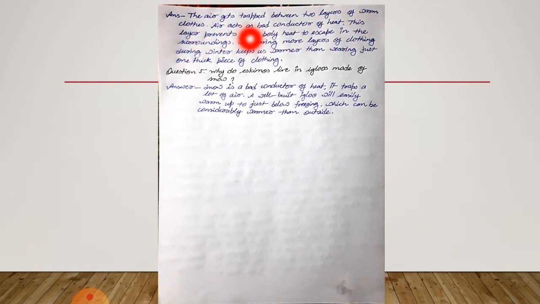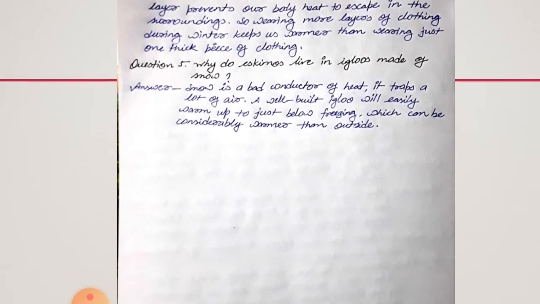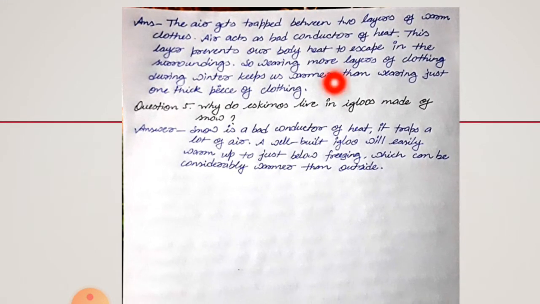Air acts as a bad conductor of heat. This layer prevents our body heat from escaping into the surroundings, so wearing more layers of clothing during winter keeps us warmer than wearing just one thick piece of clothing.